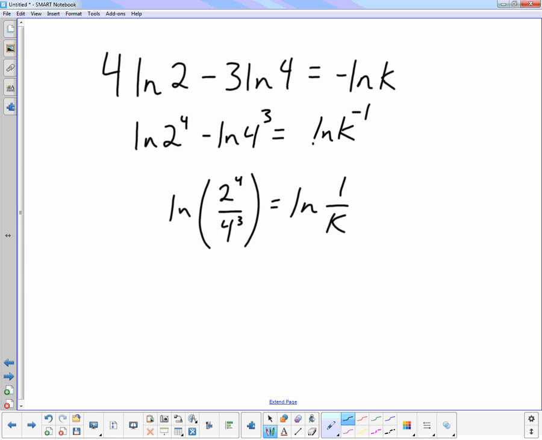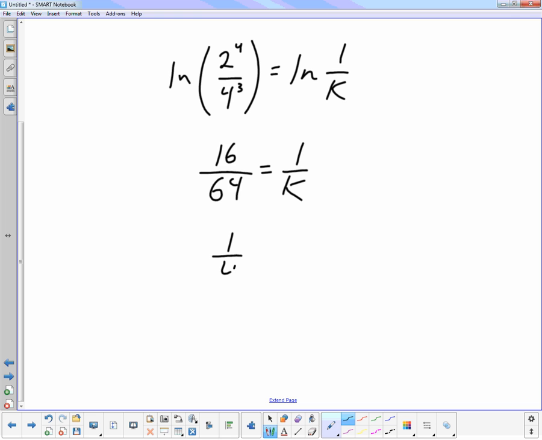And now you can drop the logs, and you get 16 all over 64, which is 1/4. Okay, it's 4. And you should check it.